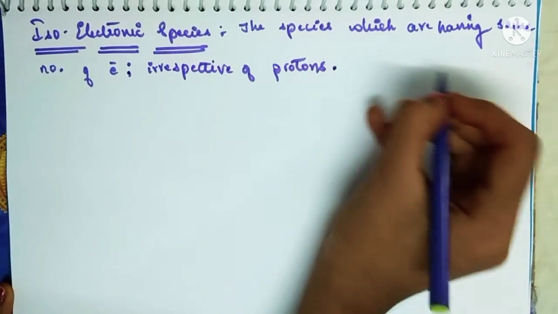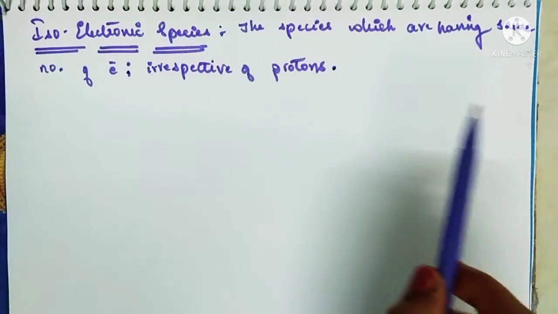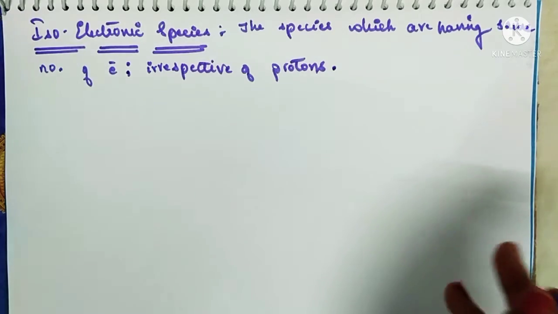That means it doesn't matter whether the protons are equal or not, but the electrons should be equal in the isoelectronic species.